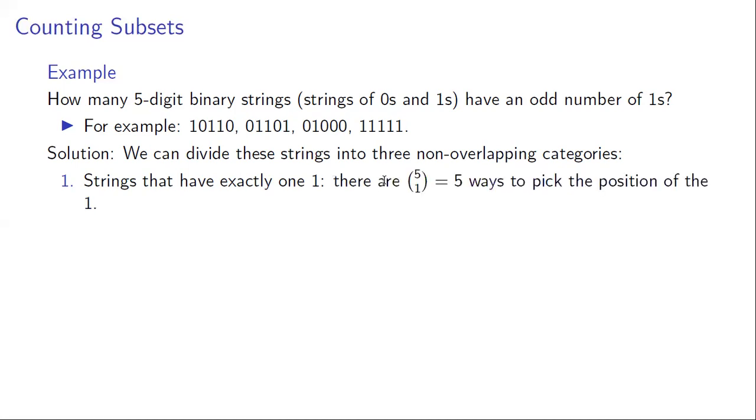So there are 5 different ways to pick the position of the 1. One way you can think about it is we have 5 positions, and we need to choose one of those positions for the 1.